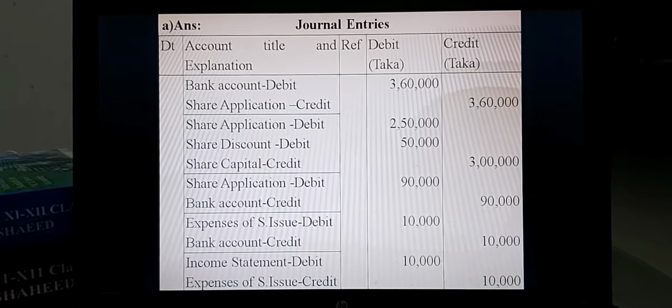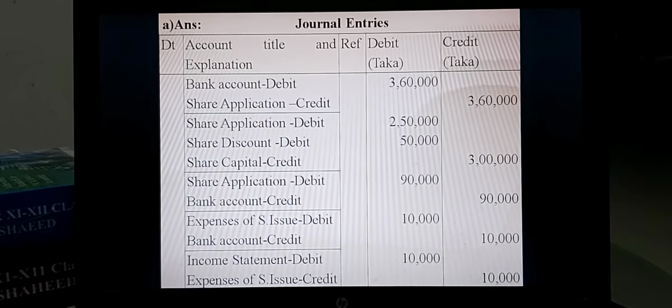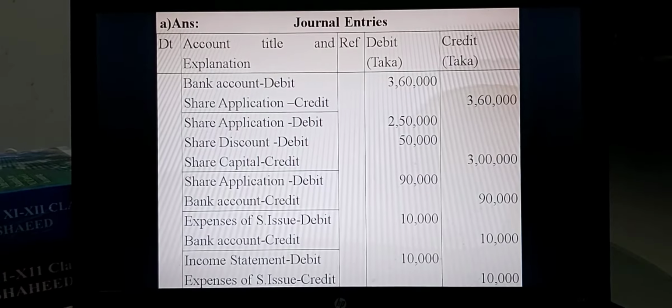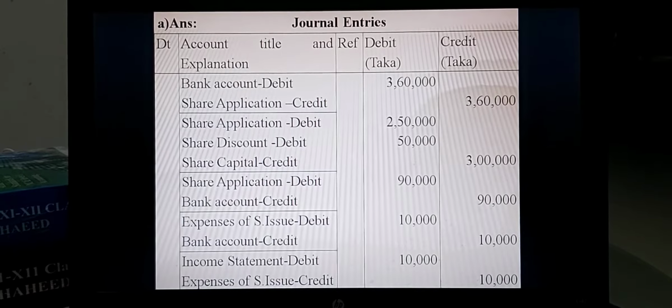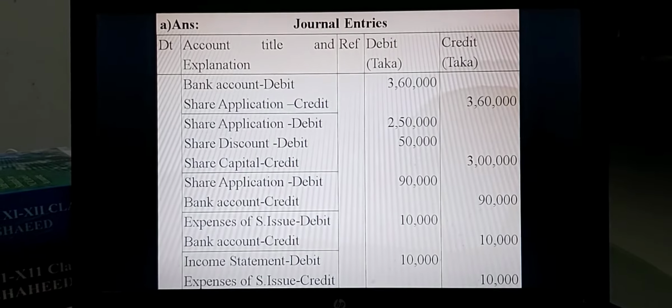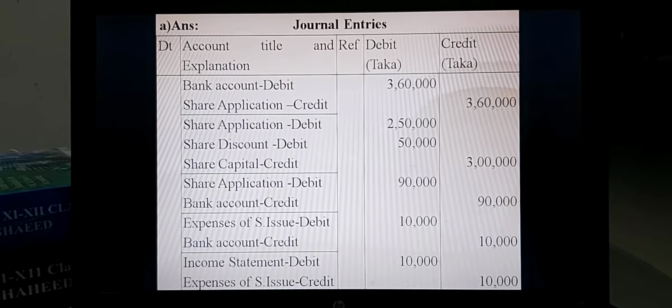Second one, shares allotted only 30,000. So share application account debit, share discount account debit, share capital account credit.